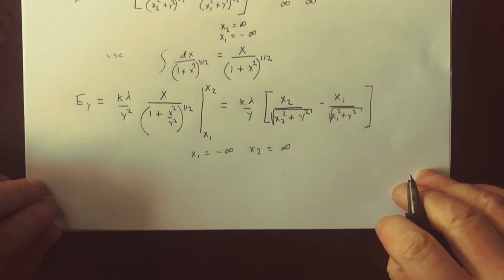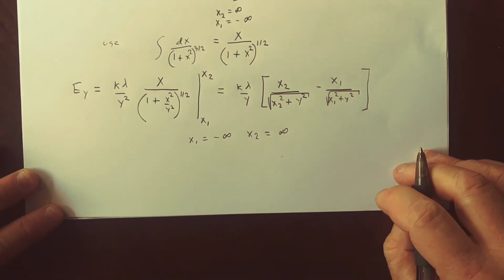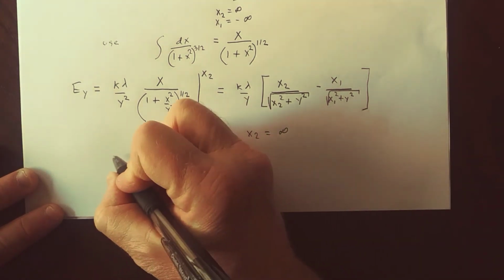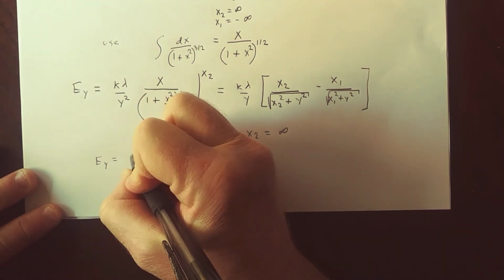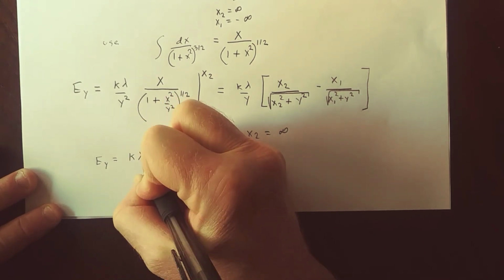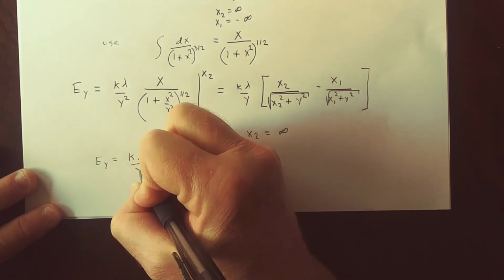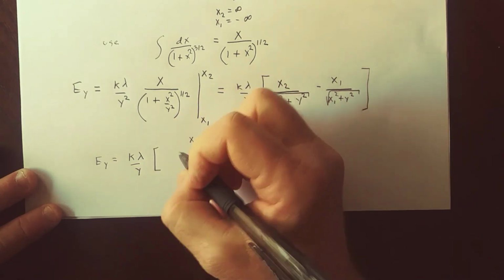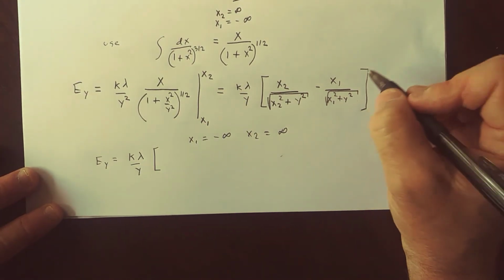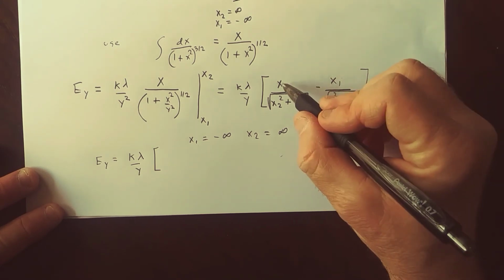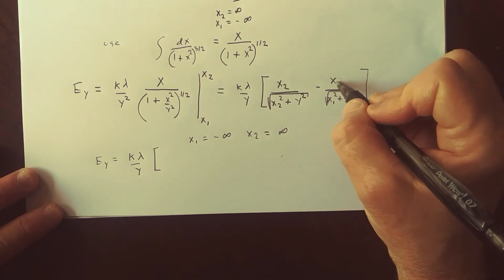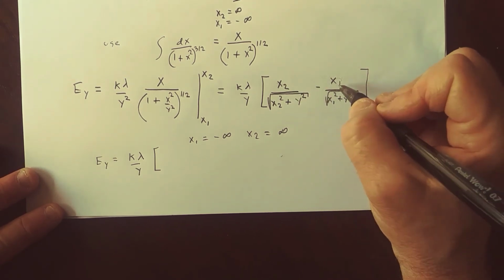And that gets us to, let's see, Ey ends up being k times the charge density over y times, let's see, the difference here is in these two terms, this is positive infinity and this is negative infinity, but we have minus a negative infinity.